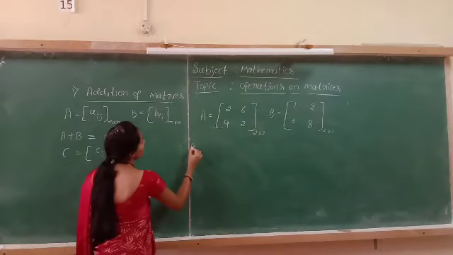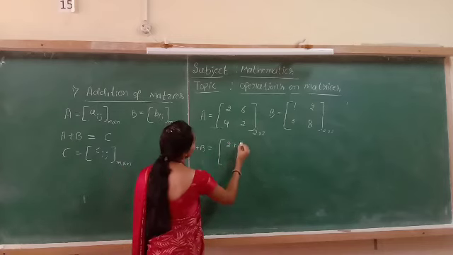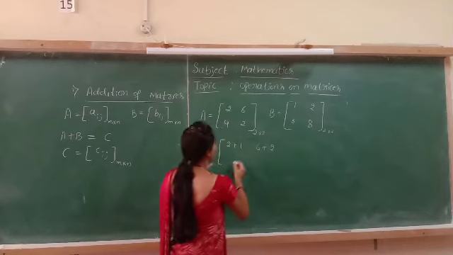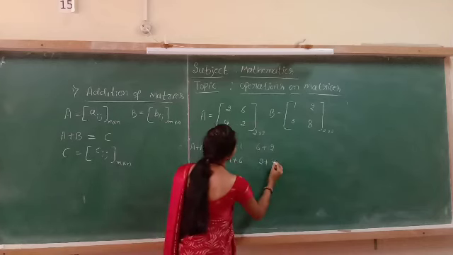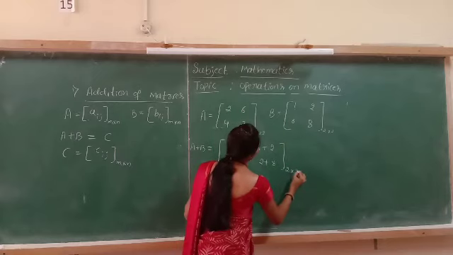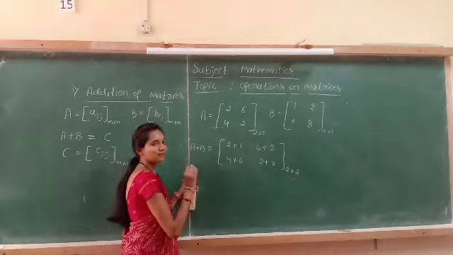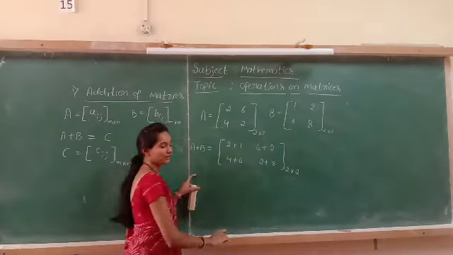Next, A plus B is equal to 2 plus 1 as the first element, next 6 plus 2, next 4 plus 6, and the last one 2 plus 8. It also has the order 2 cross 2. So addition of these two matrices is nothing but adding the corresponding elements of both matrices.